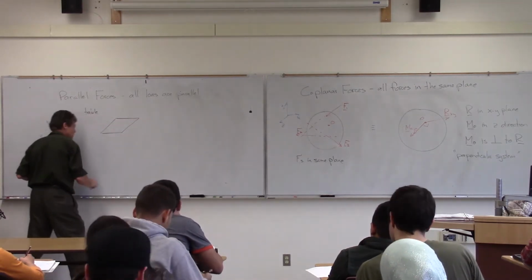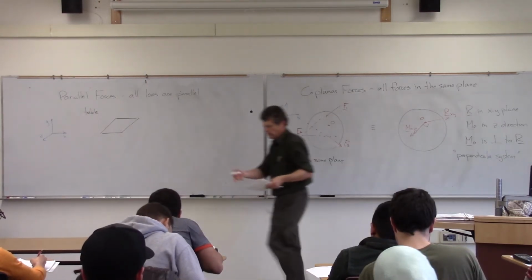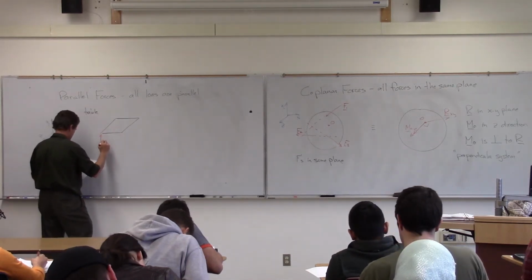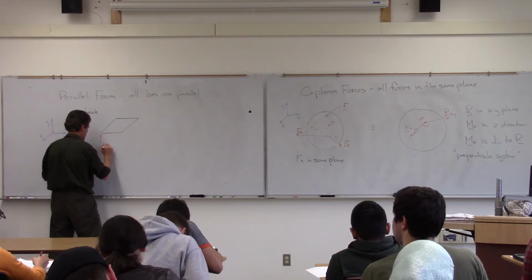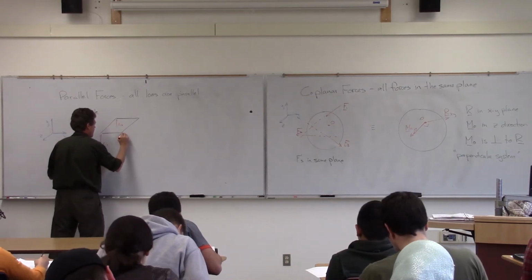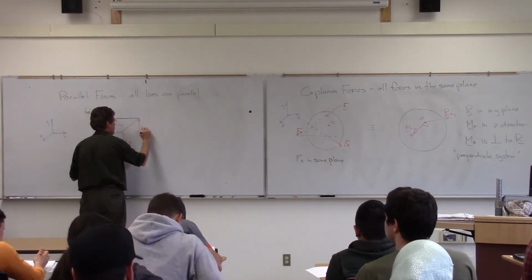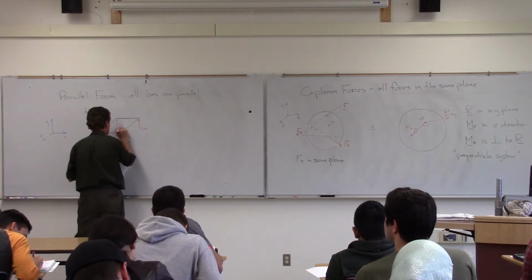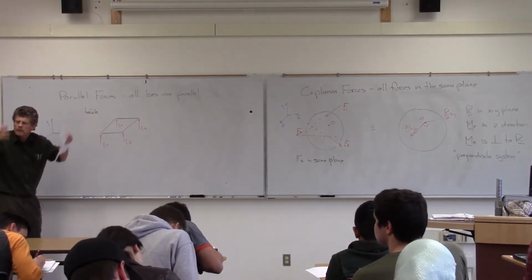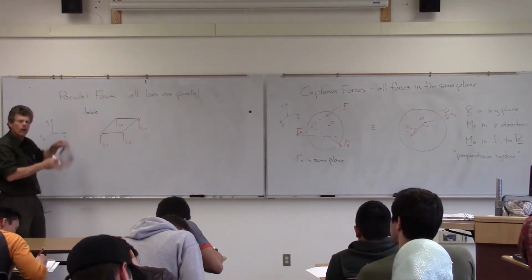One of the best examples I can think of in terms of a parallel set of forces is thinking of a table. So all of those forces, when you think of a four-legged table, not a two-legged table, we've got weights on it.